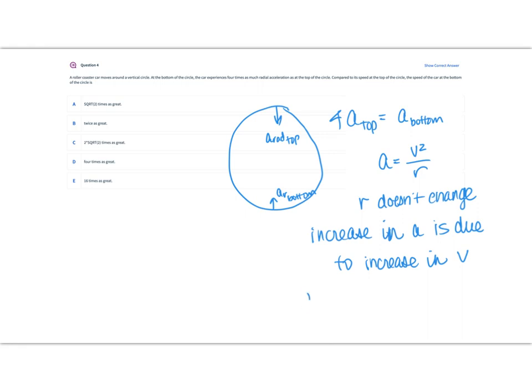If A increases by 4 times, the velocity will increase by 2 times because of the fact that it's squared. So the velocity at the bottom of this roller coaster must be 2 times as big as it was at the top in order to give 4 times greater a centripetal acceleration. So that answer is B.